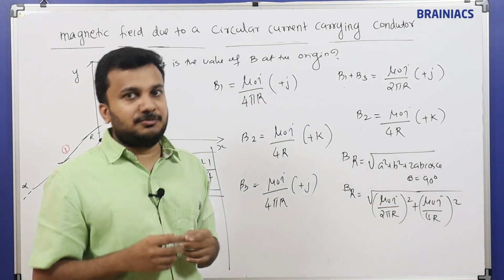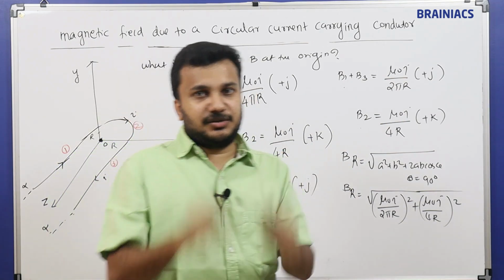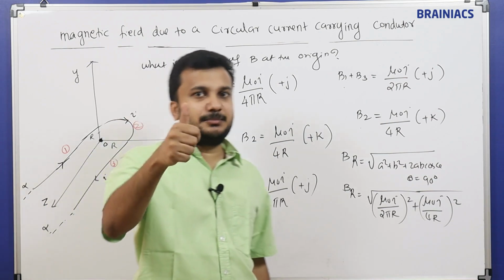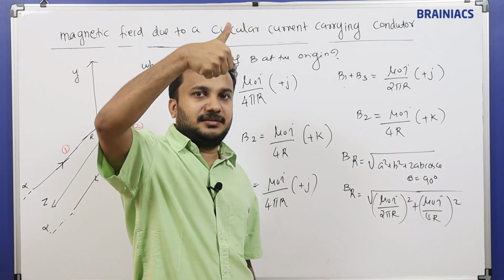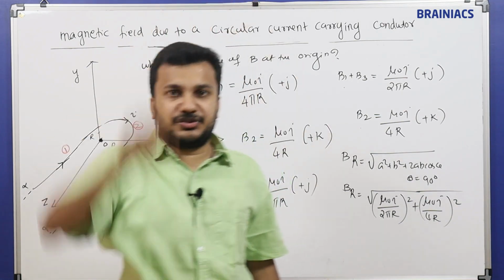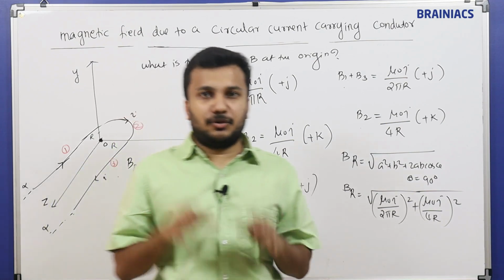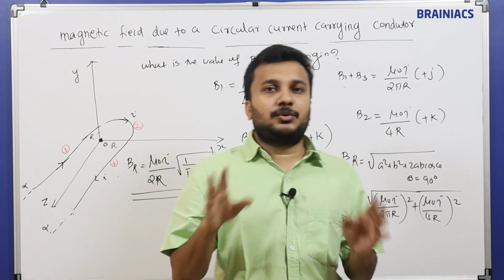Once you write the formula, the trickiness exists while finding the direction. To find the direction, it's very simple. The thumb points in the direction of the current. For the other fingers, with respect to that point, you have to analyze whether it is going inside or outside. On a notebook or paper, it may either go into the paper or come out of the paper.